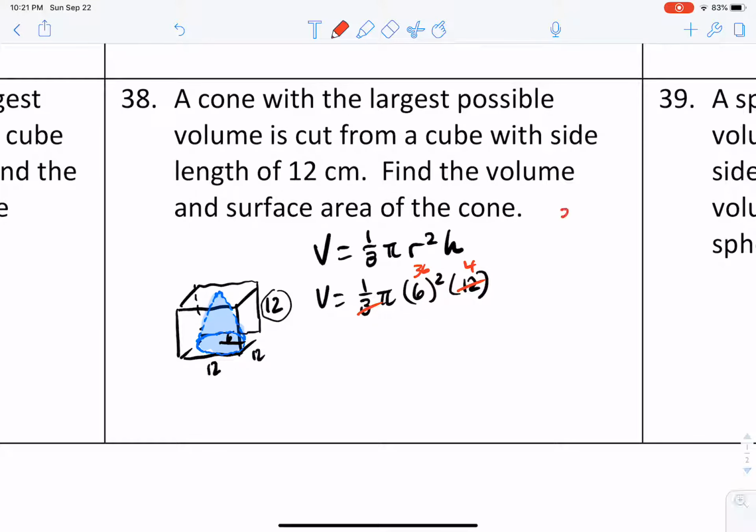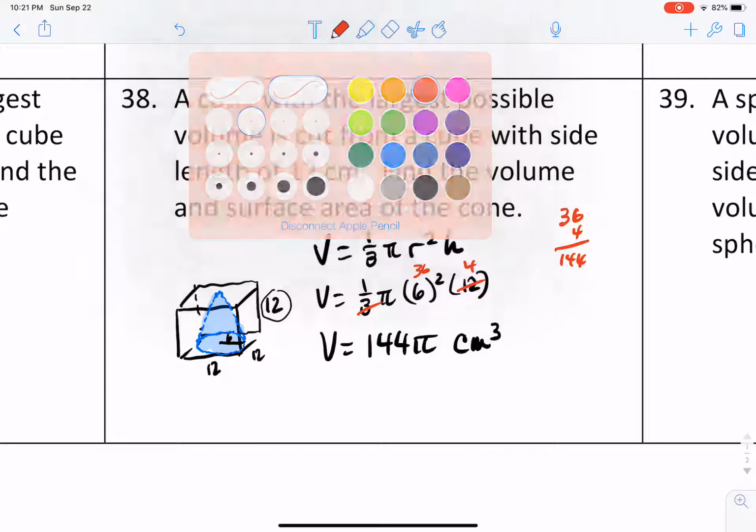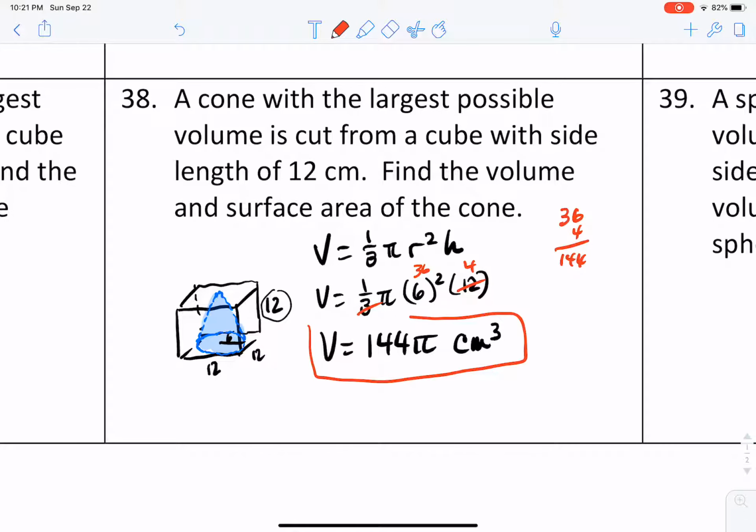Over here to the side, I'll do 36 times 4. That'd be 120 plus 24. We got 144. So our volume should be 144 pi, don't forget that, centimeters cubed. There we go. We got our volume.